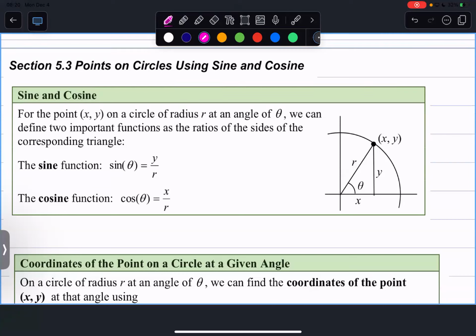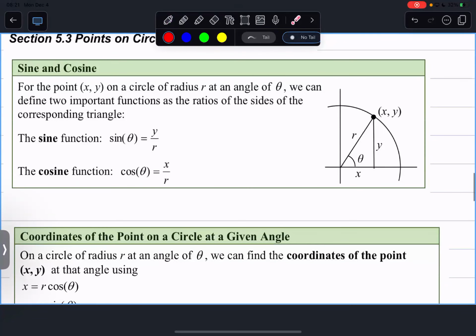Okay. So in terms of sine and cosine, SOHCAHTOA coming up here. For some point x, y, so any point on a circle with some radius r at some angle theta, we can make a right triangle in here. This becomes a right triangle, where I have 90 degrees.